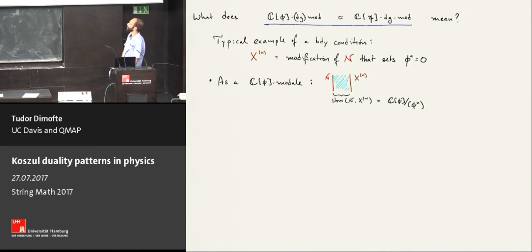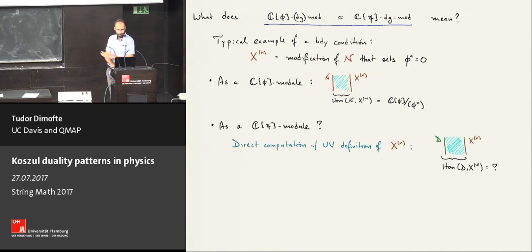Forming a sandwich with Neumann produces a Hilbert space that, by definition, is given by polynomials in phi modulo the constraint that phi to the n vanishes. And that's automatically expressed as a module over the polynomial algebra. What about the other one? Well, given a suitable definition of this deformation, we could just compute. We could form a sandwich and figure out what that Hilbert space is.